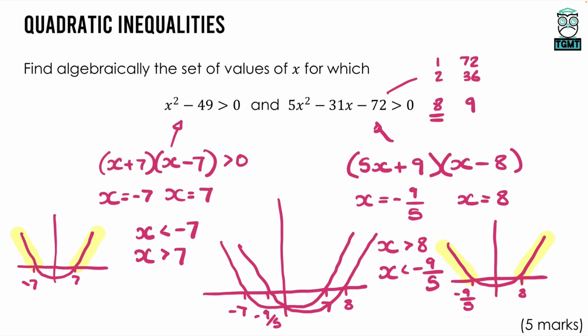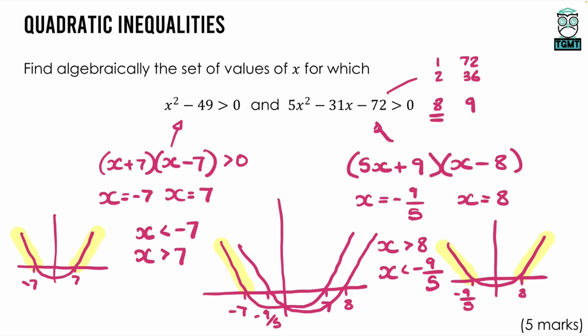So numbers between negative 7 and negative 9 over 5 don't work for this one on the outside. So we have to pick the one that's on the outside, because all the values will work for that one. X is less than negative 7, well, all those values are also less than negative 9 over 5. Not the case for the numbers in between.